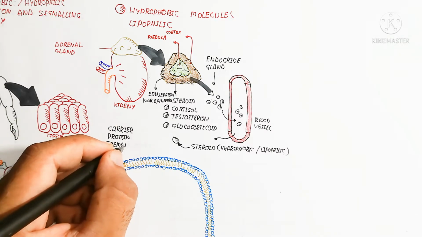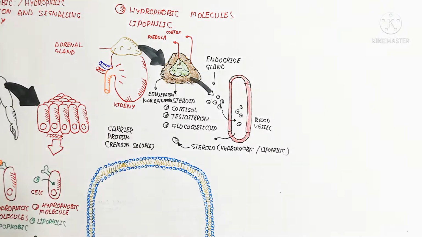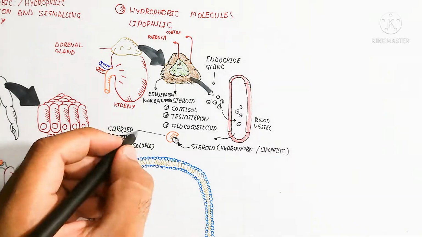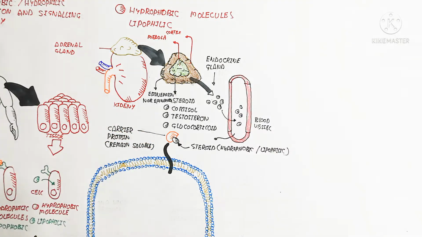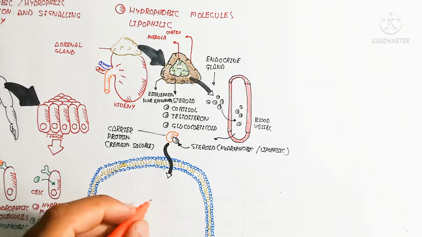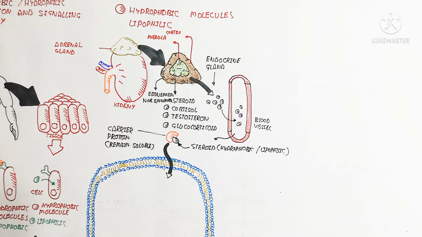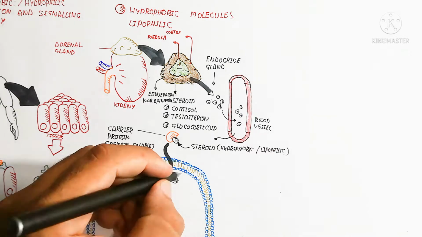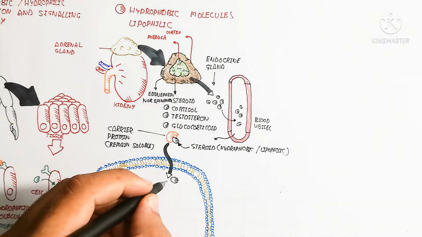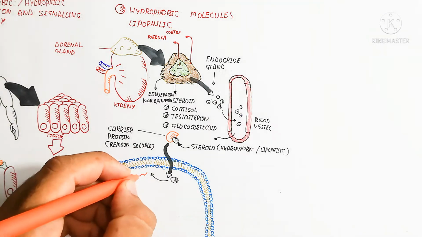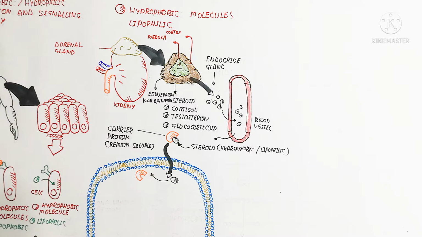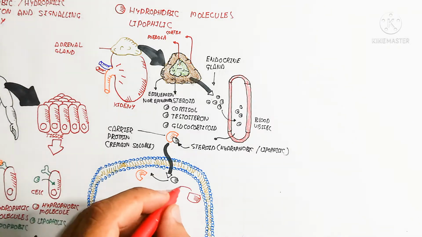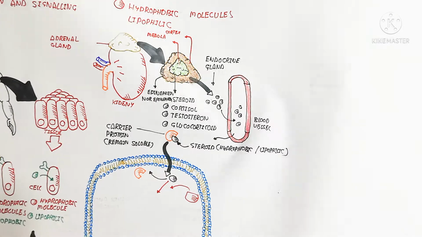Here is the steroid molecule, which is carried by a carrier protein or remains soluble. The carrier protein is attached inside the cell membrane as an integral protein. Here I am drawing just for understanding, but it is attached with the plasma membrane as an integral protein.